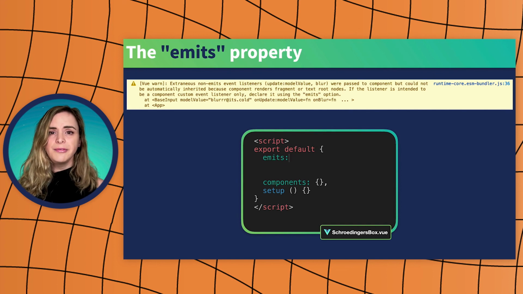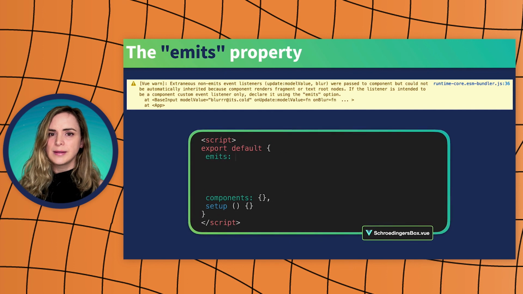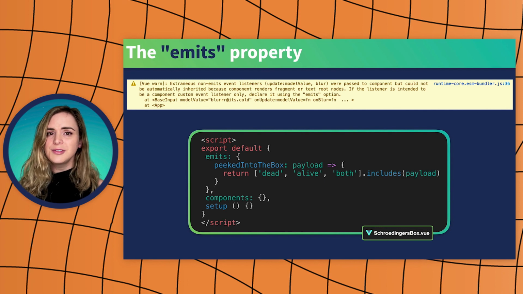Now let's take it a step further. Let's add a validator that checks that the picked-into-the-box event emits only dead, alive, or both. So the validator function, just as the one in props, should return a Boolean value to state whether the payload is valid or not.